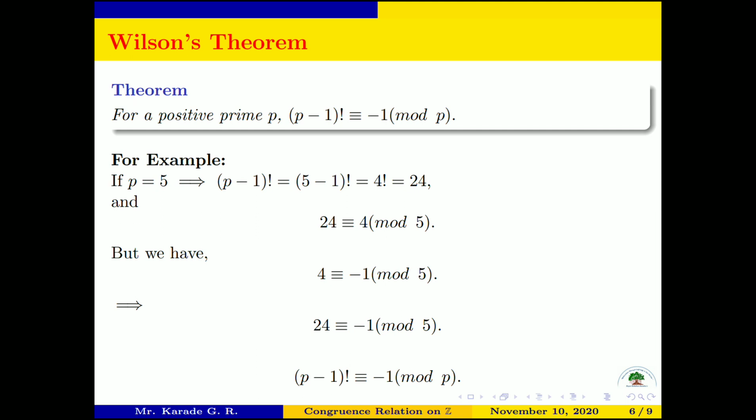So thus the positive prime p equal to 5 satisfies Wilson's theorem. Not only 5, but all positive primes satisfy this Wilson's theorem. We can write this Wilson's theorem for all positive primes.